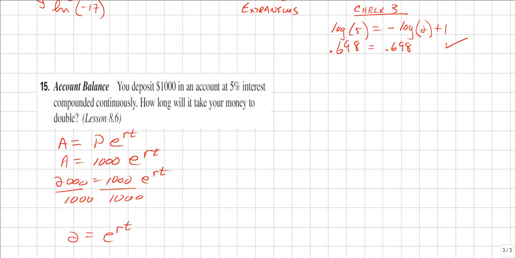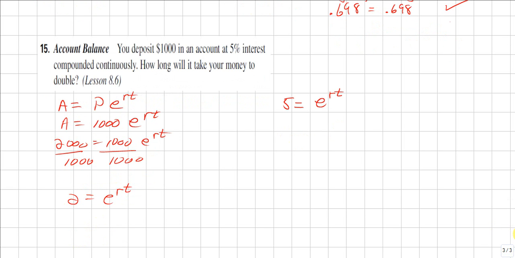Even if it had not told me what the amount that I deposited was, but it said how long will it take your money to double or triple, the first step would be to divide by the amount that I started with, so all I really need to know is if it triples or doubles. Note that if it said it had grown by 5 times, I would simply have this equation to use. Okay, so that's something you may need to know for a test.